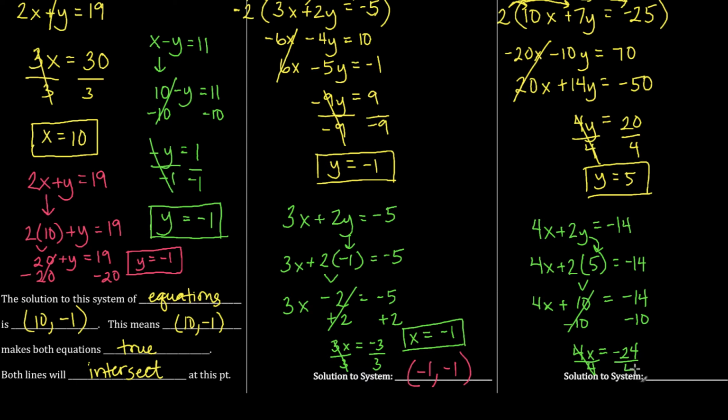So x equals, negative divided by a positive is a negative. 24 divided by 4 is 6. Cool. Not another -1. All right. So my solution is -6 and then 5, right? -6, comma 5.